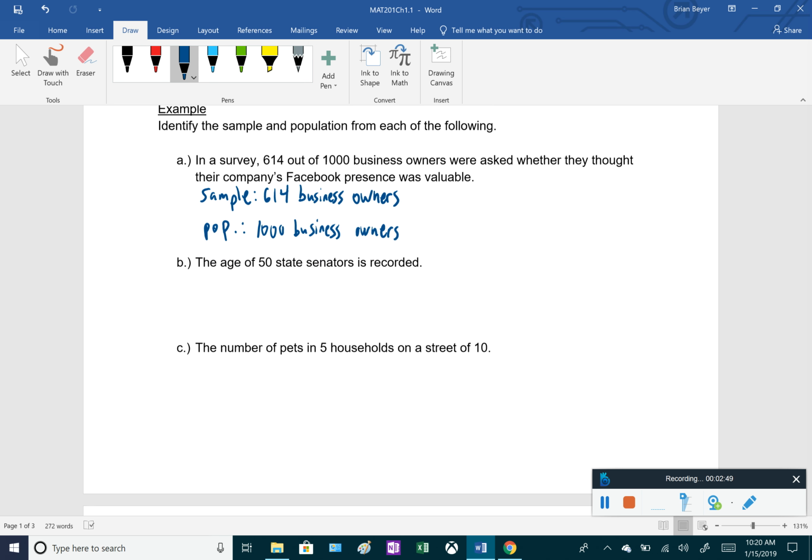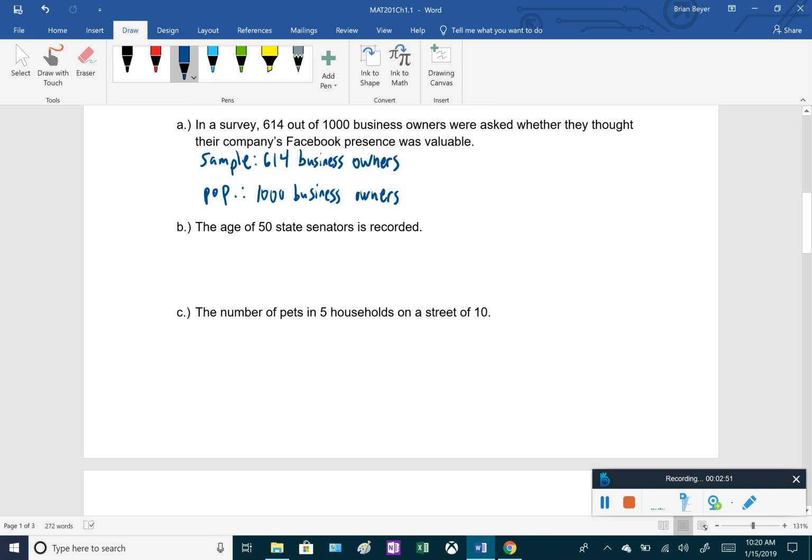Okay, and then for the next one we have the age of 50 state senators is recorded. So we want the sample, we want the population. So the sample here is going to be the age of the 50 senators.